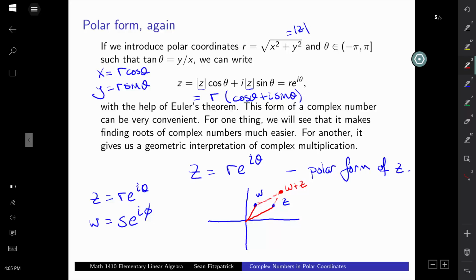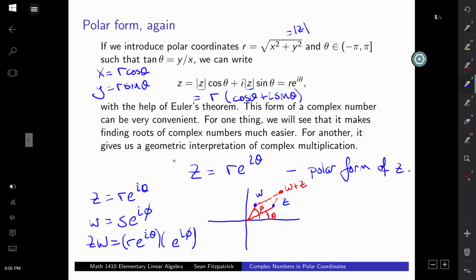Now, what about the product? So we have our two arguments, theta here and phi here. If you multiply z and w in the most naive way, and there is some proof required here, you've got to work through the properties for both the modulus and the argument. But we've done some of this already, and you can work out that you rearrange this the way you expect to be able to.